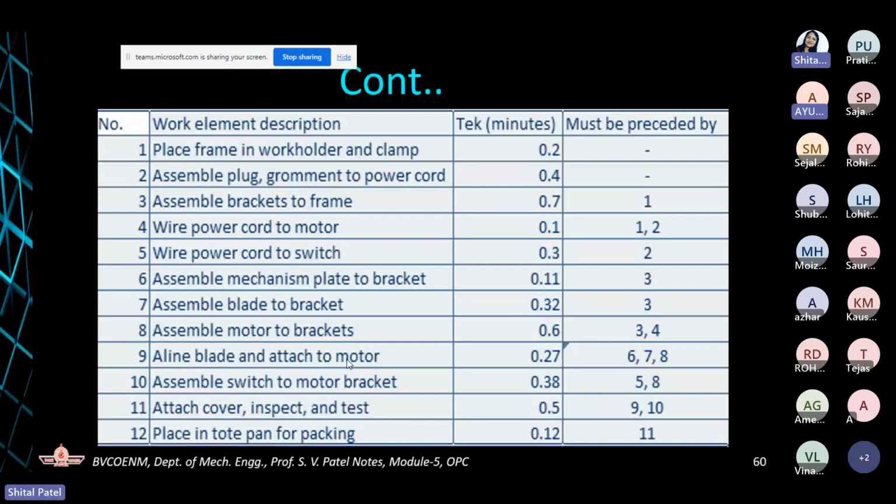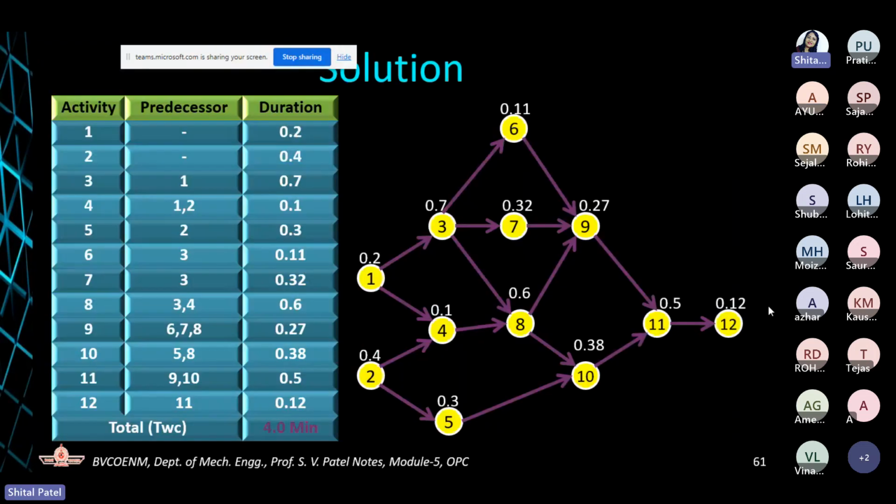This is the data which will be given to you. For every method, you need to prepare the table separately. Only one method is going to be asked, and you need to prepare a table for that particular method only.